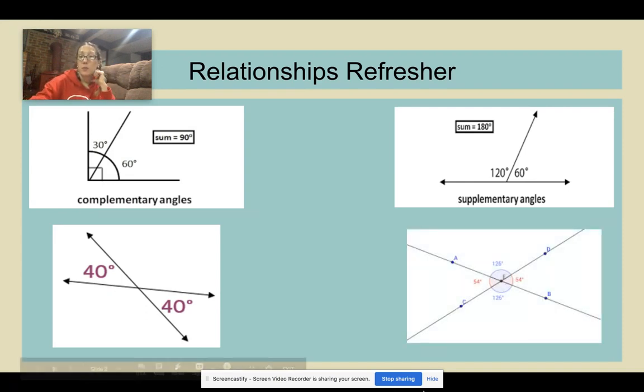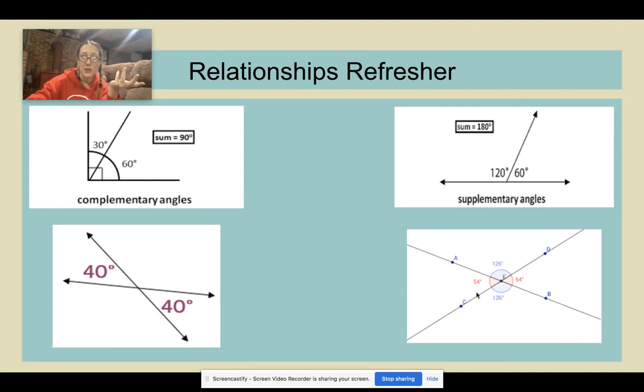And then finally, you might have a relationship where you're seeing all of that put together, like your supplementary and your vertical together, right? Your 126s are vertical because they are across from each other. Your 54s are vertical because they are across from each other. And you'll notice the relationship between the 54 and the 126 is supplementary.